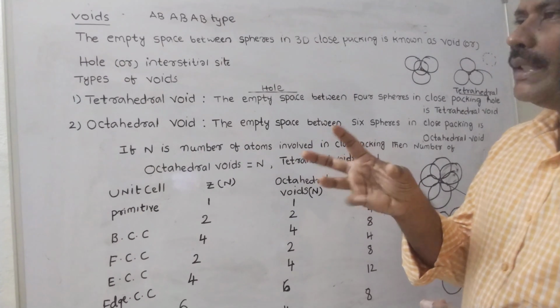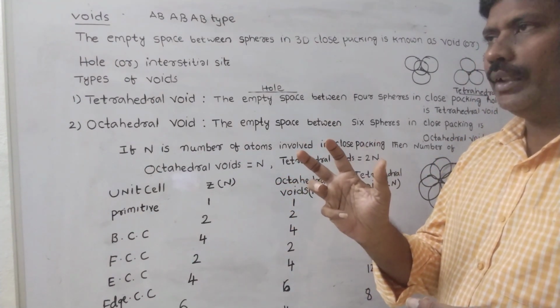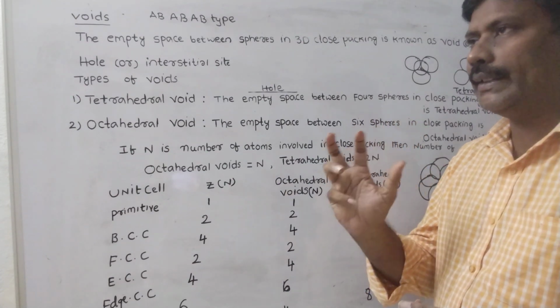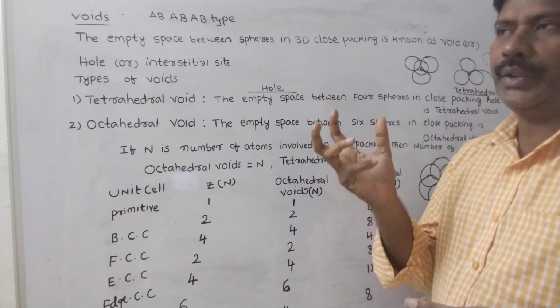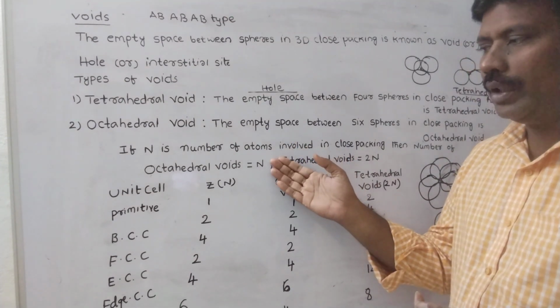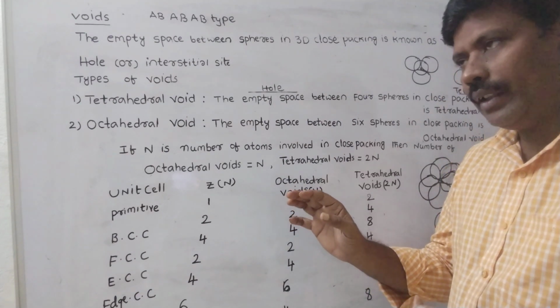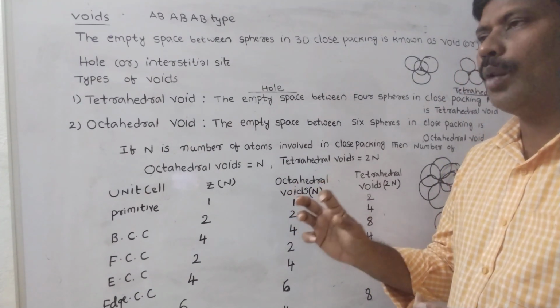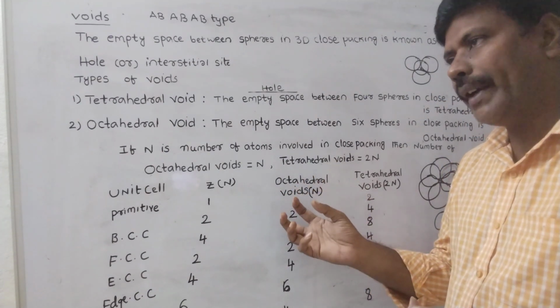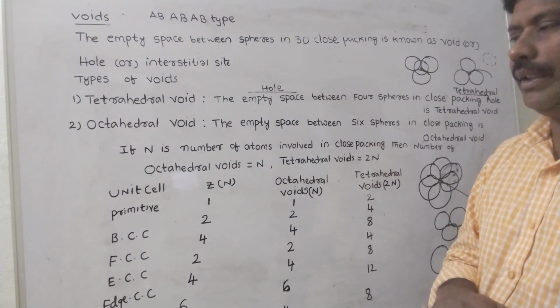If any unit cell is given, how do we find the number of voids in that unit cell? Based on this formula, you can easily calculate the number of tetrahedral voids and octahedral voids in a given unit cell.